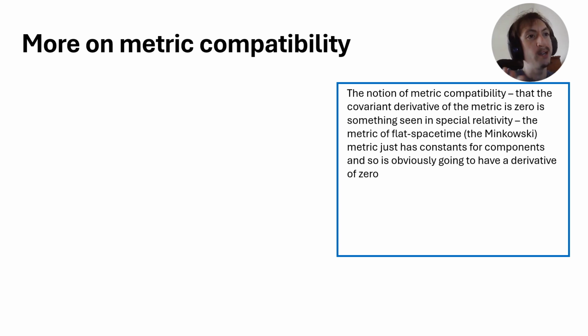Now, if you're seeing general relativity for the first time, you probably thought, well, you haven't really seen the condition of metric compatibility before, but you have. You just might not have realised it. So when we were looking at special relativity, we looked at a metric where its components were constant.